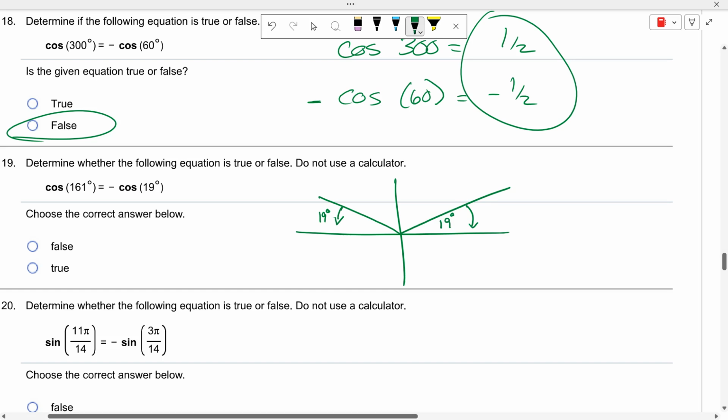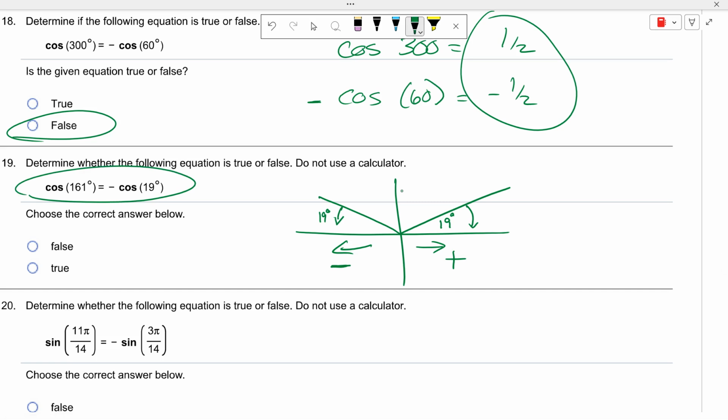So they're going to have the same x value, except for what's the difference? This one will be negative. This one will be positive. That's what it says here. The cosine of 161 is equal to the opposite sign of the cosine of 19. True or false? Well, that is true.